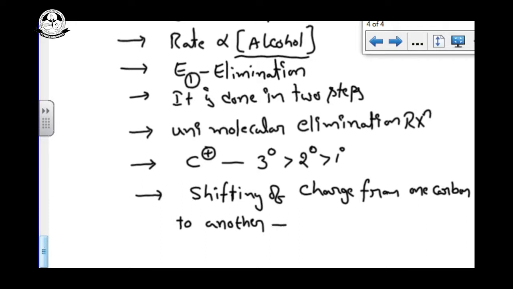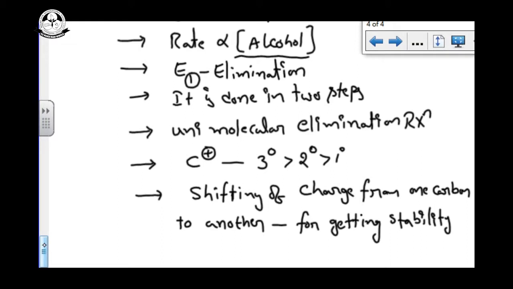There are different types of shifts we discuss in general organic chemistry.